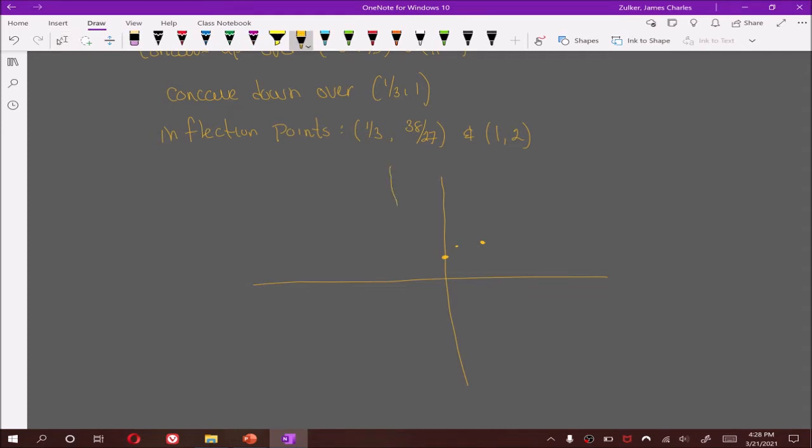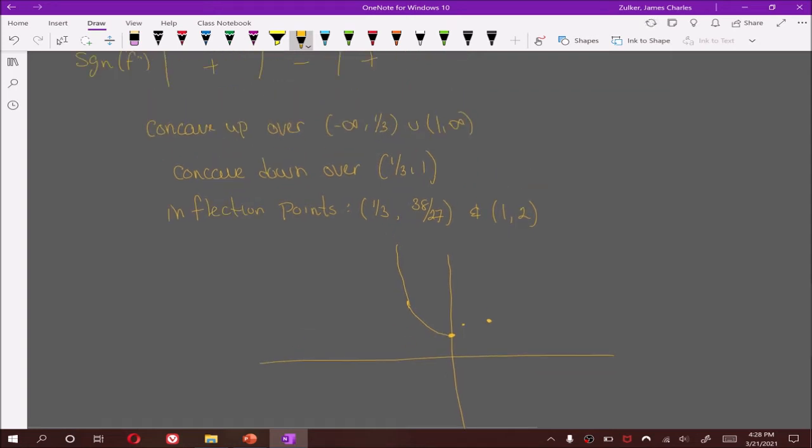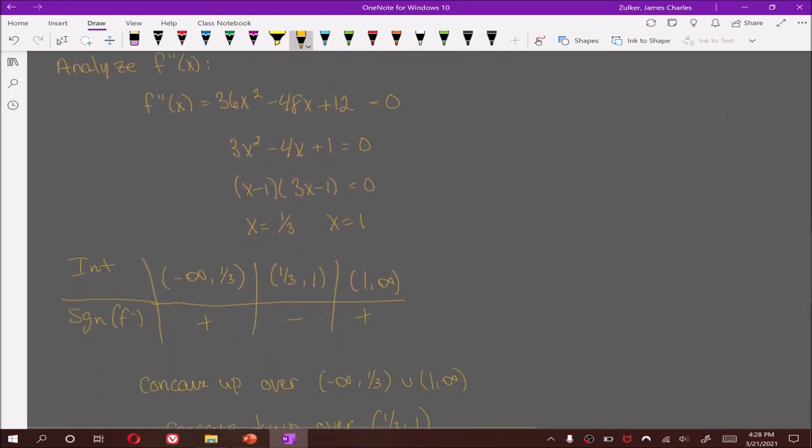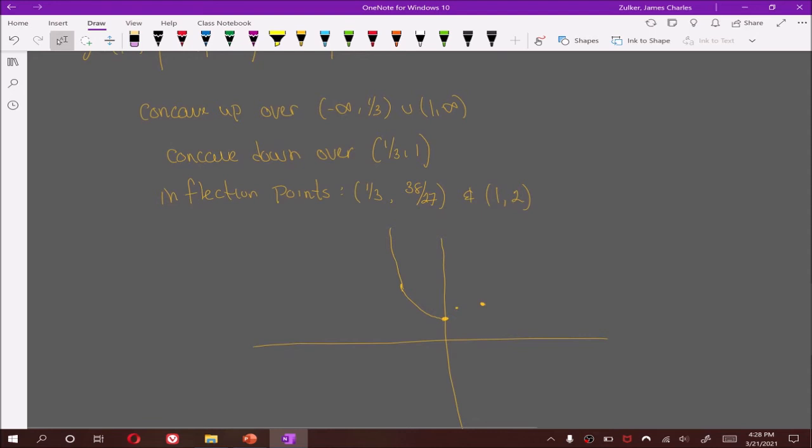And remember, it has to cross the y-intercept. Increasing from 0 to 1 and 1 to infinity. Right, which means right at 1, it's going to be constant, and then it'll go back up.